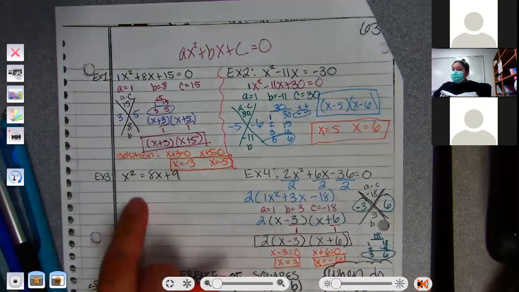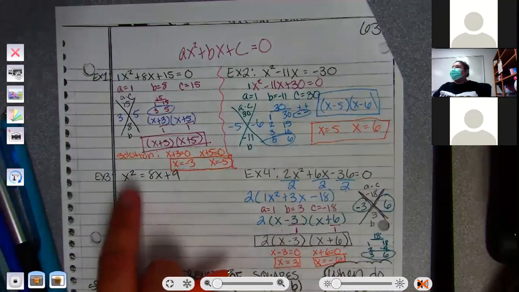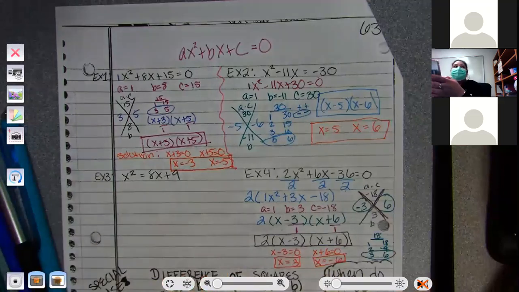Okay, example 3. Do y'all need a little bit more time than just 2 minutes? Would 3 minutes work better? Yeah, no? Yes, no, I don't know. Tell me something. Here, I'll do 2.5.